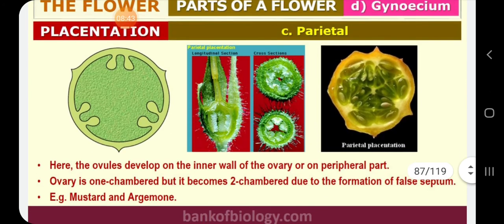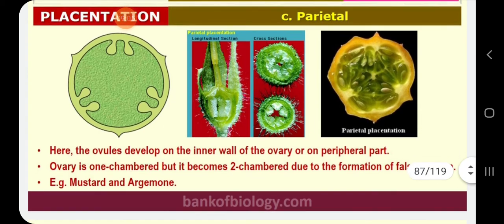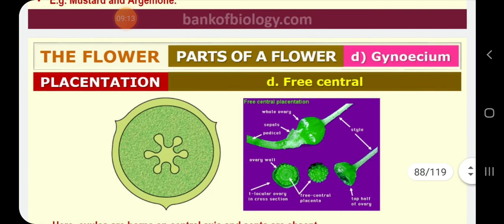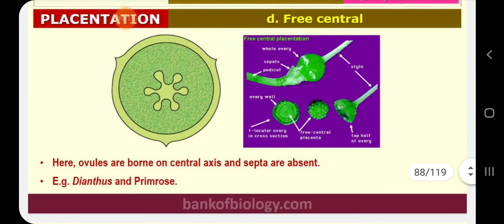Parietal: here the ovules develop on the inner wall of the ovary, the peripheral part. This ovary is one chambered, but it becomes two chambered due to the formation of a false septum. The false septum can be seen, but it has a single chamber. For example, mustard and argemone. Free central: the ovules are borne on the central axis and septa are absent.